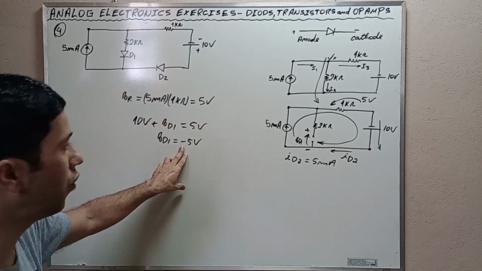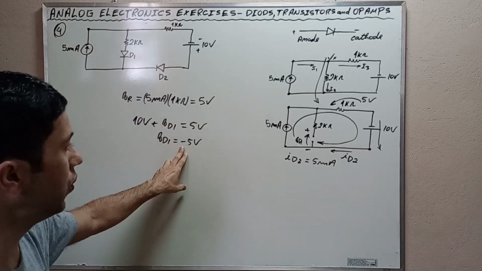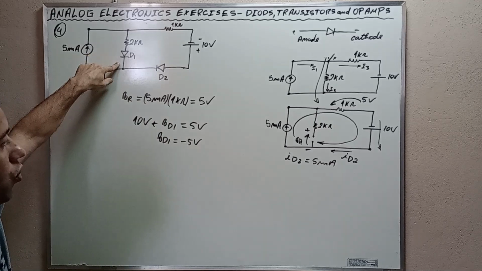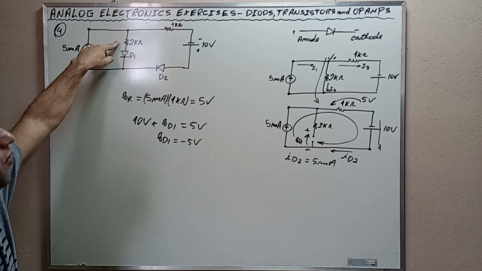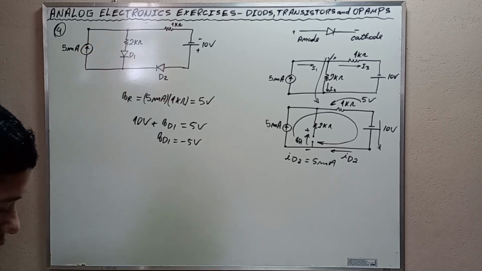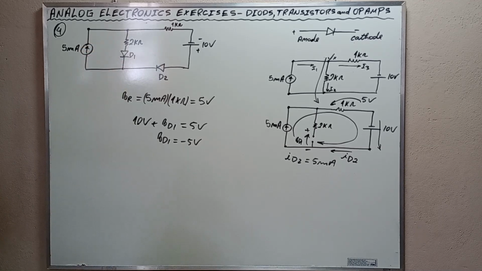But as we discovered the negative sign here, we understood that the cathode of D1 is higher in potential than its anode. As VD1 is negative 5 volts, we conclude that its cathode is higher in potential than its anode, thus causing it to be off, as we assumed.